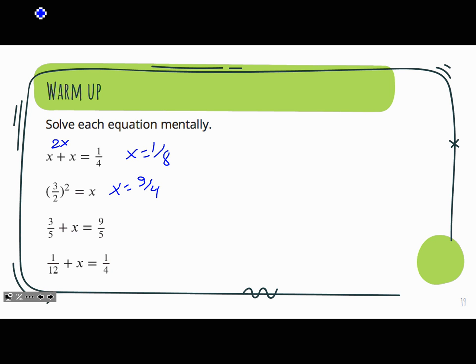Okay, 3/5 plus x equals 9/5. What happens here? Let's see, 3 plus 6 is 9, so x must be 6/5. And for the last one, 1/12 plus x equals 1/4. Not a common denominator, but 1/4 can be written as 3/12, and 1/12 plus 2/12 is 3/12, so x must be 2/12.